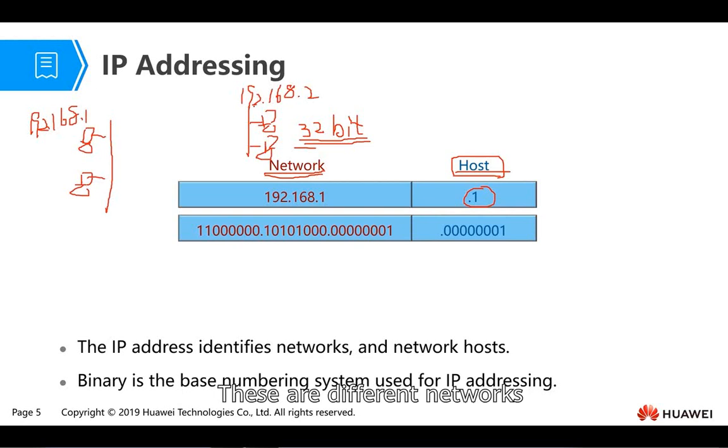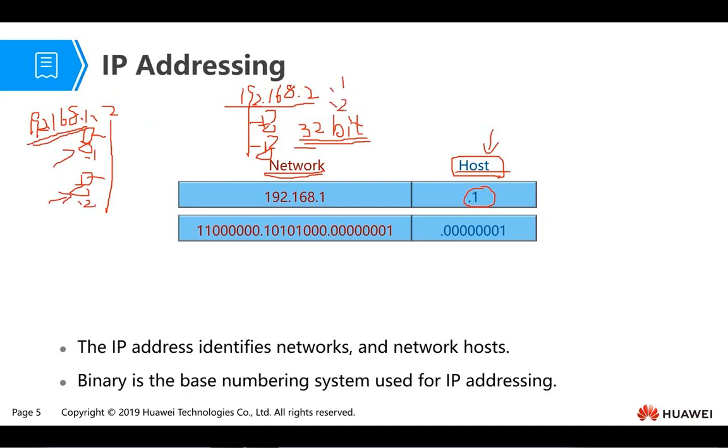These are different networks, so they must use different network numbers. And each host in a network must have a different host number. Maybe this is .1 and this is .2, and here also .1 and .2. These two parts combined together then form the IP address of one device, one host.